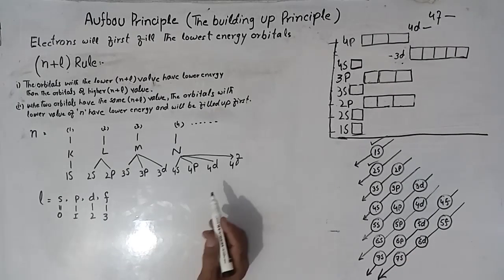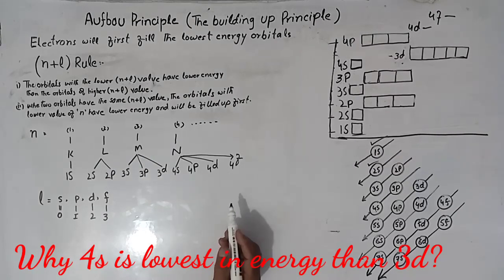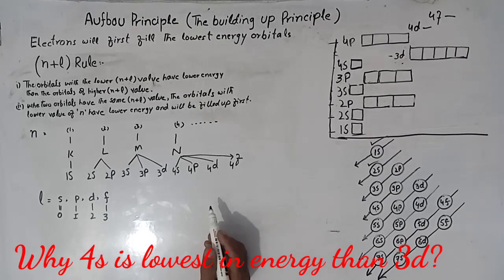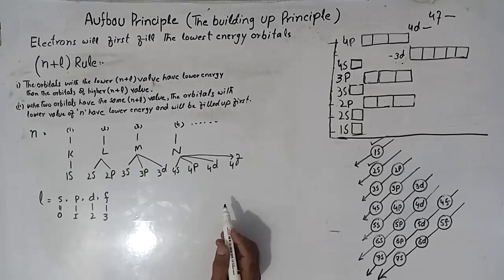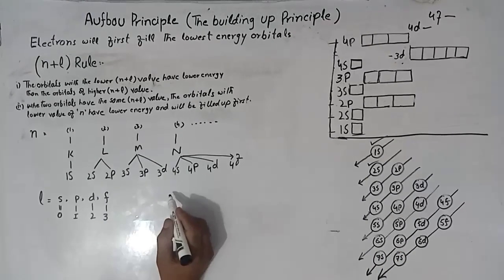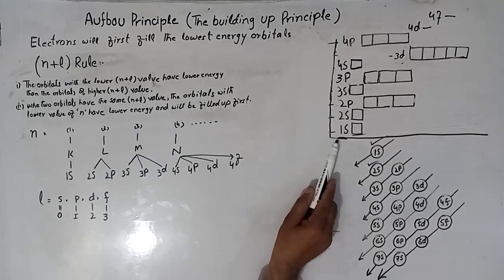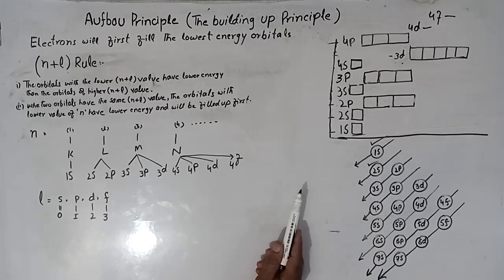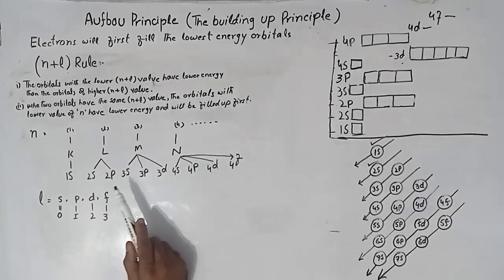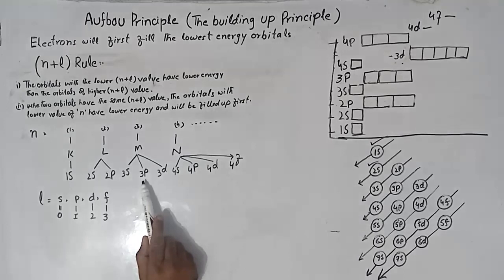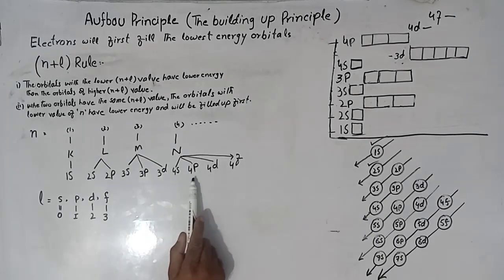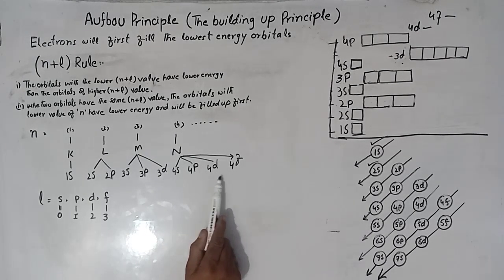Now an important question arises, why is 4s lower in energy than 3d? For the answer, find the n plus l values of 1s, 2s, 2p, 3s, 3p, 3d, 4s, 4p, 4d and 4f.